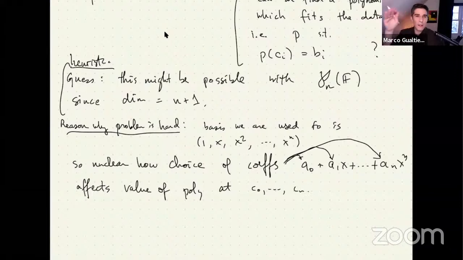It affects the value in a complicated way, because if I make a change to these coefficients, then you need to recompute, for example, the value at c0 by putting c0 here, c0 to the n, and then making this long computation in order to figure out the value. The value is not obvious once I choose these coefficients, right?